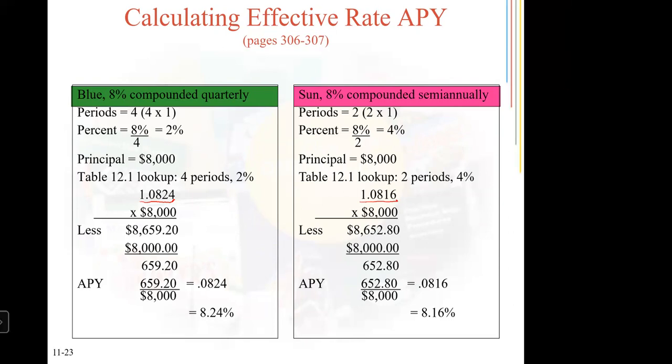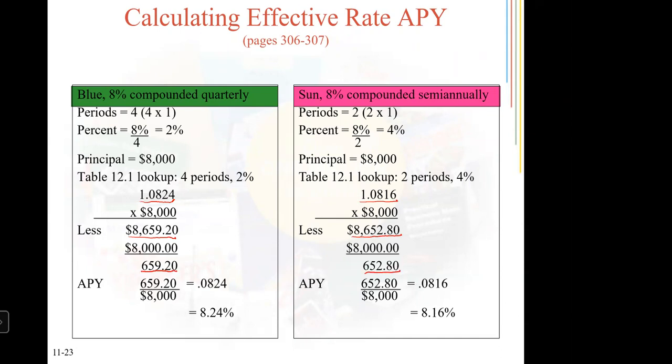So when you multiply, go straight through, you get 8,659.20 as your compounded amount. In this other one, you get 8,652.80 for your compounded amount. The interest ends up being 659.20, and the other one 652.80.